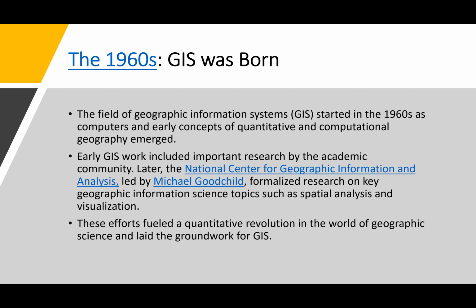and laid the groundwork for GIS. So again, this class is Introduction to Geographic Information Systems, GIS principles, but you'll see geographic science a lot, geospatial technology, different ways to describe phenomena that are related. Geographic science also includes the math of it.